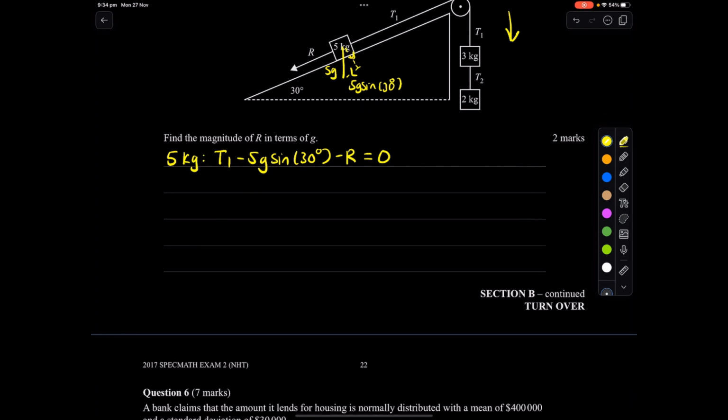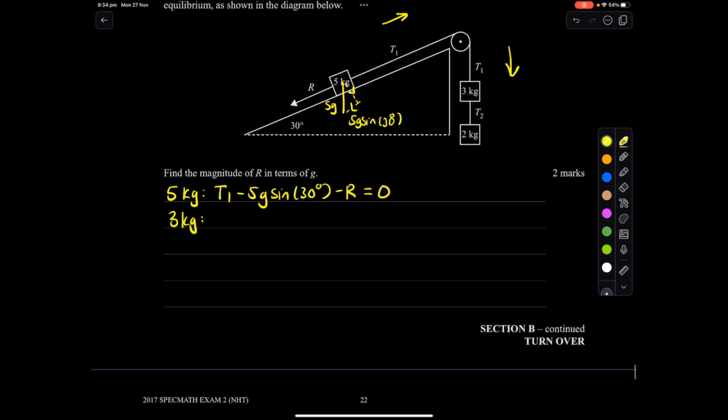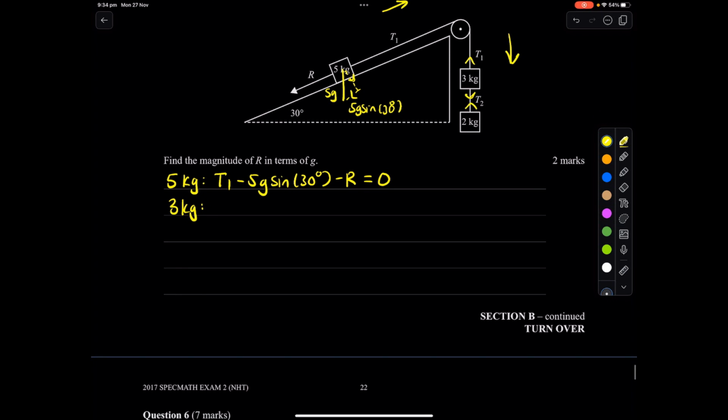What about for our 3 kilogram one? Same thing. One goes up like this, goes up like that. For that one, we're going to have T2 going down.